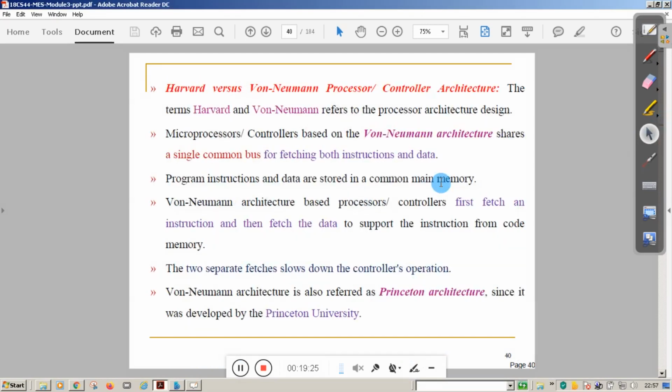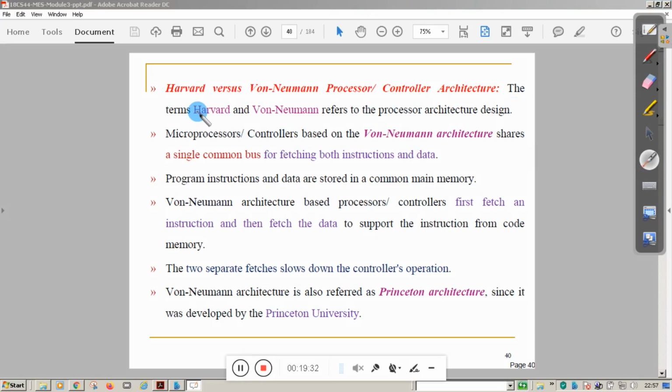And one more thing: CISC and RISC emphasize different types of memory architecture. One is Harvard, the other is von Neumann. I have already told you what von Neumann is: both data and instructions are stored in the same memory.